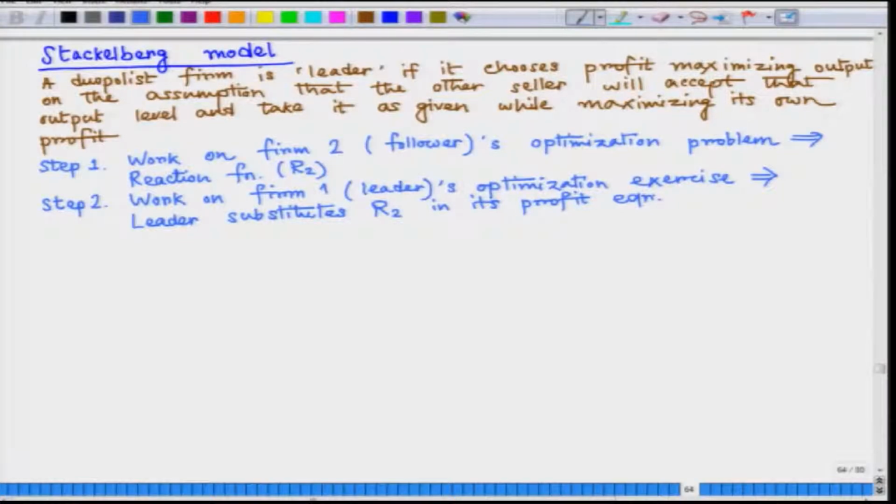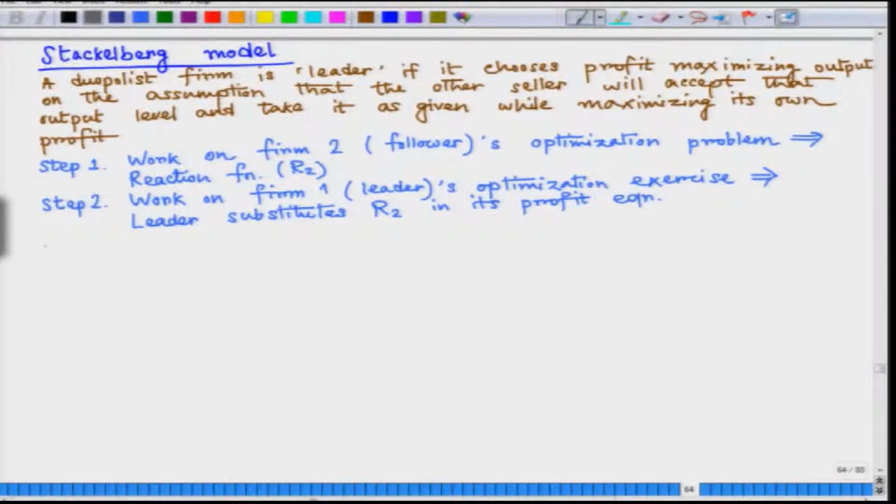We will work with linear demand functions and cost functions, so that we can get nice looking solutions. So, our Stackelberg model will be solved with respect to these simplified functional forms.